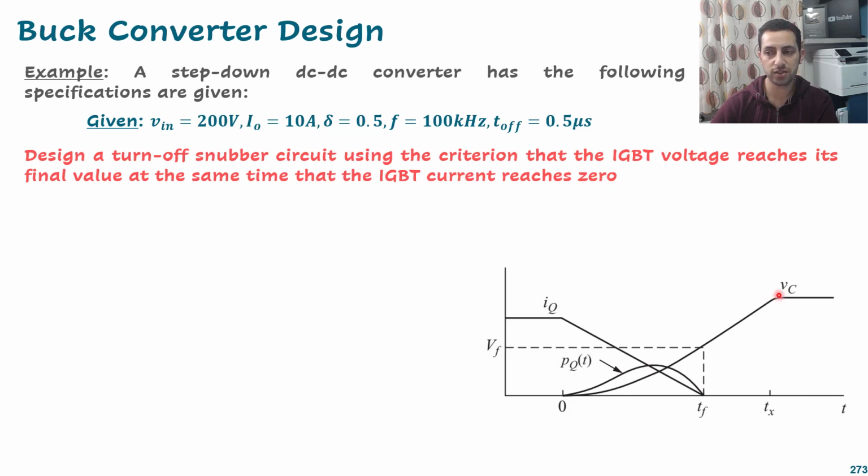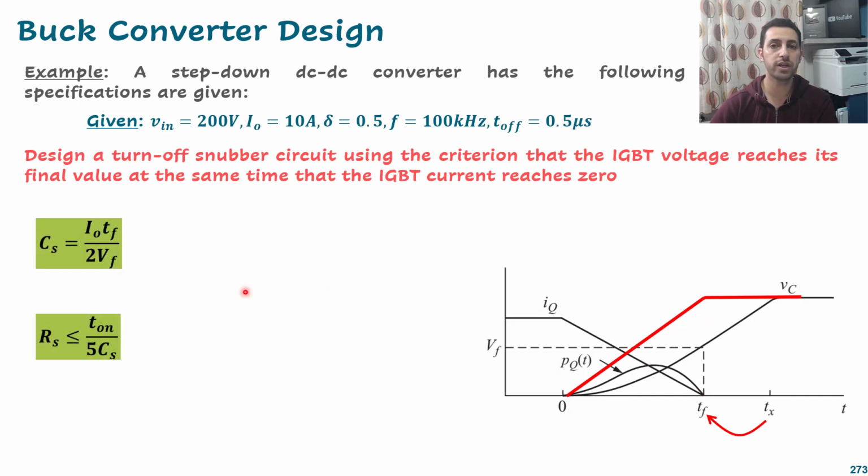So that point should be exactly when the current reaches 0. So we'll see something like this, where Tx will be the same as Tf. That means the voltage will charge the snubber capacitor very quickly, to the point that the voltage will be at maximum or final value once the current reaches 0. This is not a very good design.